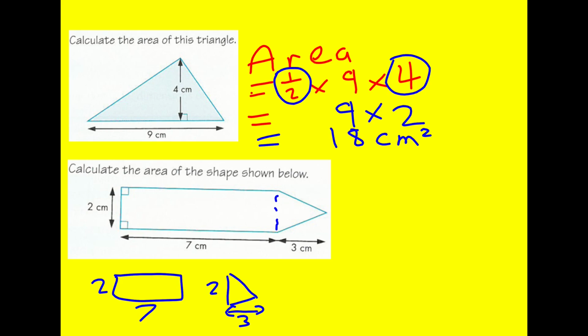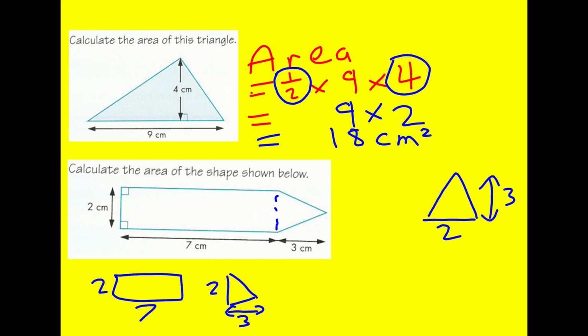Now notice this triangle is very much like this triangle. It's like I've turned it. So I'm going to deal with it turned, because I'm going to say that the base is 2. You can use the base as 3, but it normally is a bit easier if you have a line that you can work with, so I prefer writing it like this.